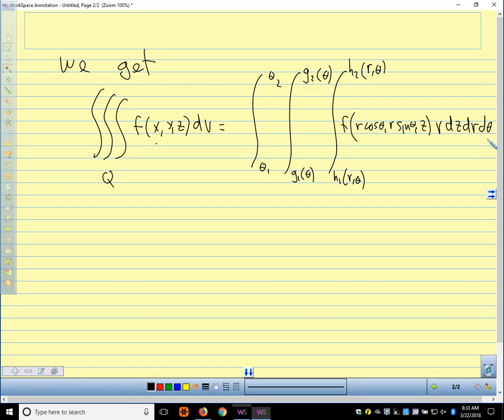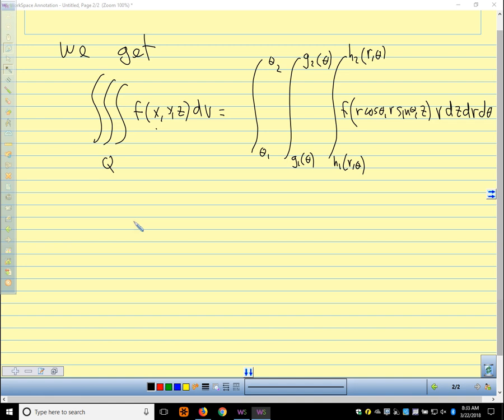And we use cylindrical coordinates when our region in the xy plane is easy to represent in polar coordinates.